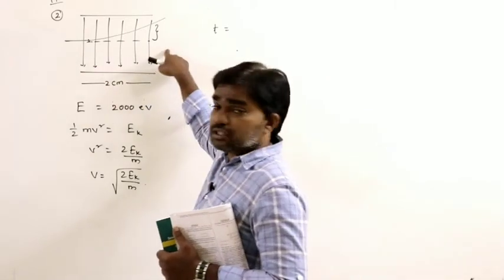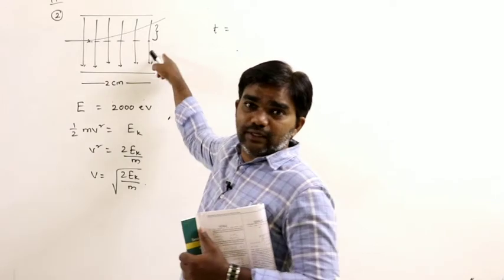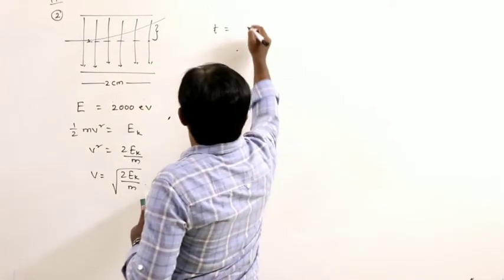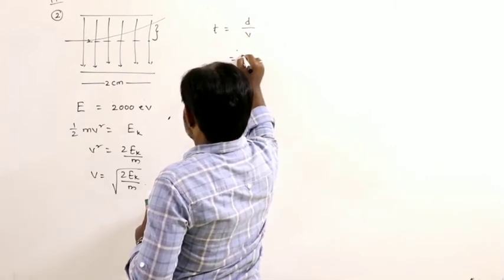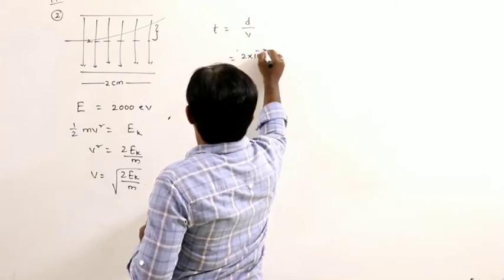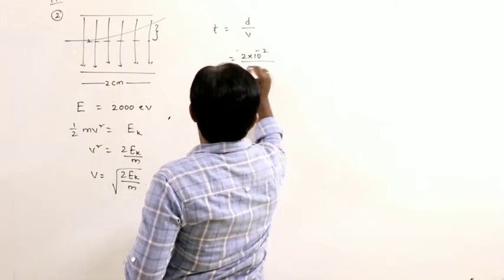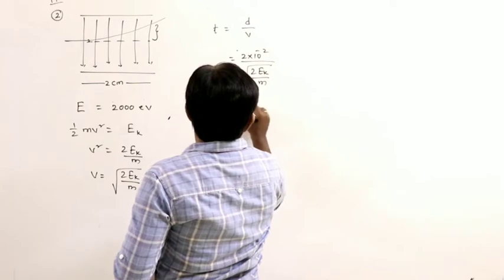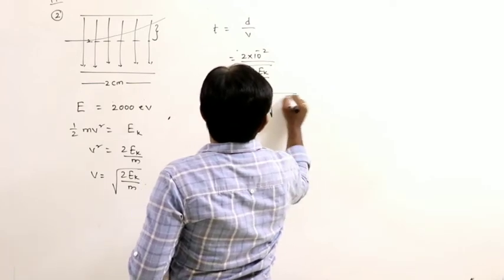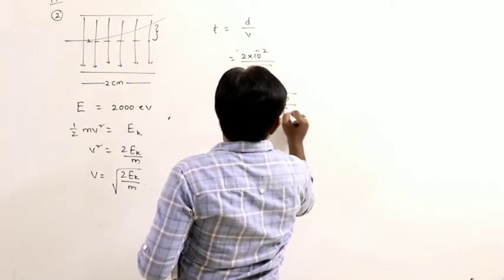Along the horizontal direction the particle moves with constant speed. So time is equal to distance by speed. Distance is 2 centimeters, 2 into 10 to the power of minus 2, divided by velocity, under root 2 Ek by m. So 2 into 10 to the power of minus 2 into under root m by 2 Ek.